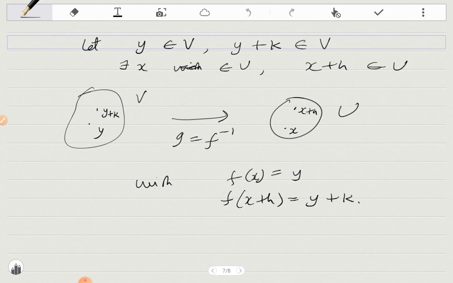The thing is, when we are going to talk about differentiability of F inverse, we'll start with y and y plus k. Once we have this y and y plus k, just arguing like in this page, we get hold of x and x plus h. Of course, y is fixed, so x is going to be fixed as well. But the point is, this k is just some vector small enough in norm.